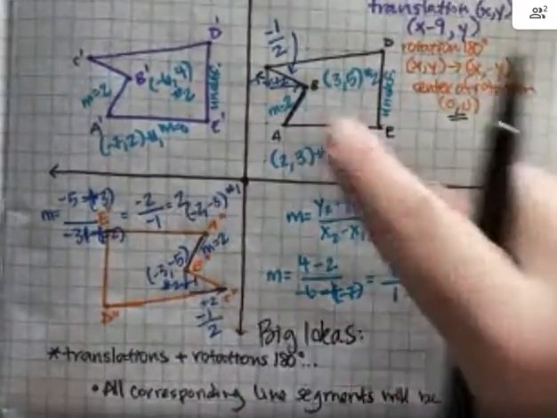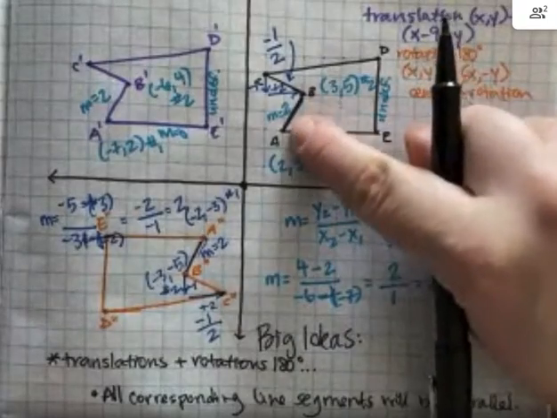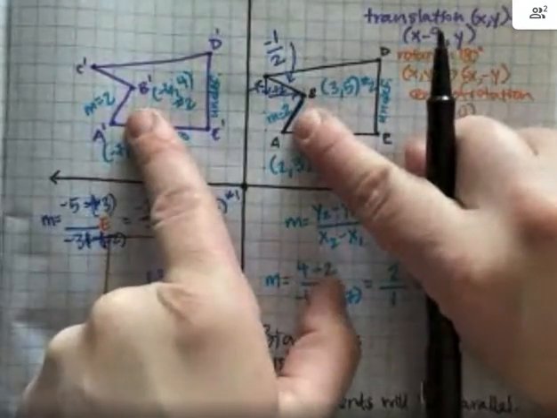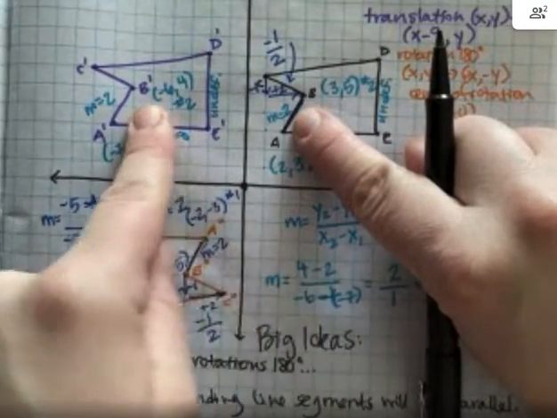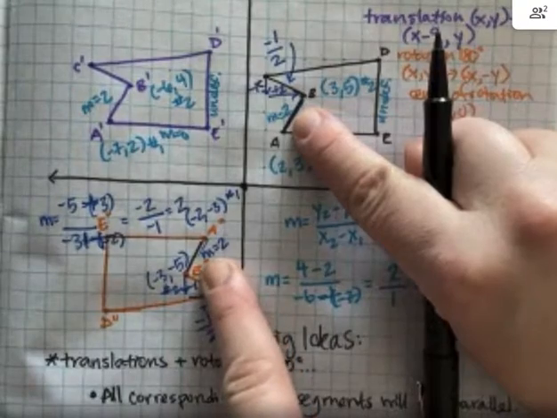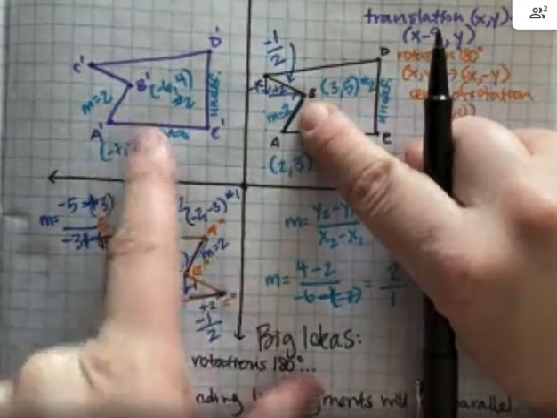So in other words, if I were to look at this, AB versus A prime B prime, these line segments are parallel. And in addition to that, we can even look at A double prime B double prime, and this line segment is also parallel to the other two.